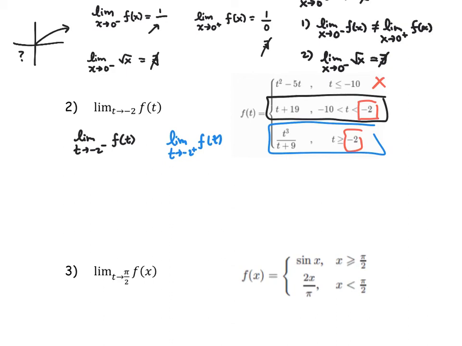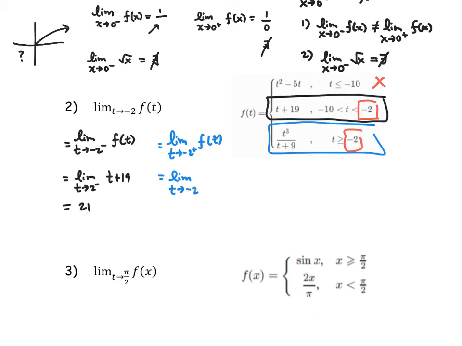So let's try this. So this limit here will be the limit as t approaches 2 from the left of f of t, which will be t plus 19. Okay, so what will that equal? As I plug in a 2, that'll equal 21. All right, now as I look at the limit from the right-hand side, that'll be the limit as t approaches -2.